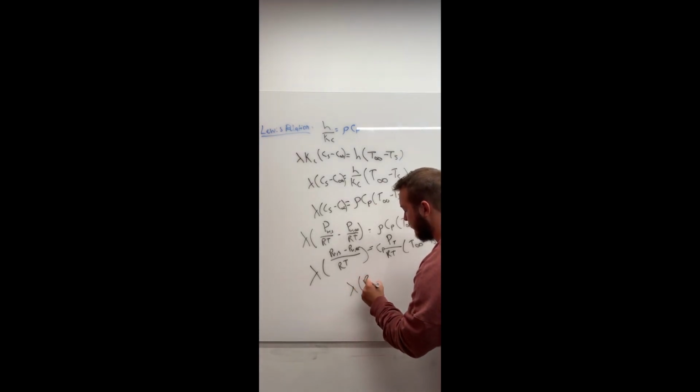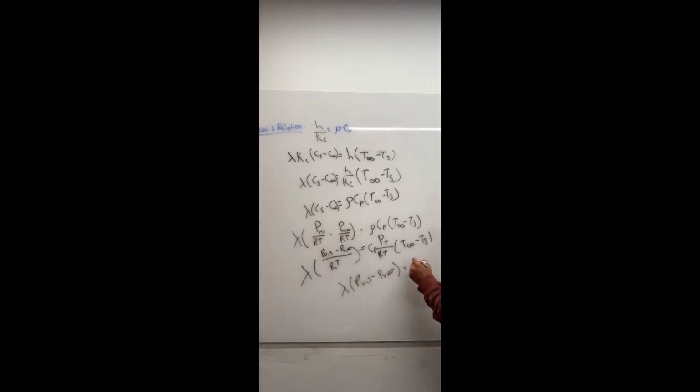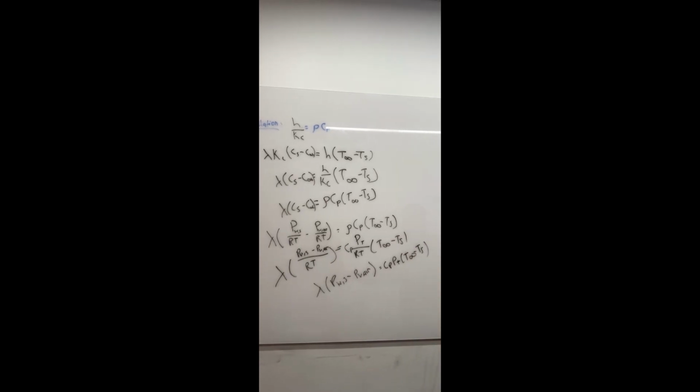So there. See that? Sorry, it's a little bit crooked. Cp rho T infinity minus Ts. And then with this formula, we find the relationship between relative humidity, which is this relative humidity, and the Lewis relation, by that relationship right there.